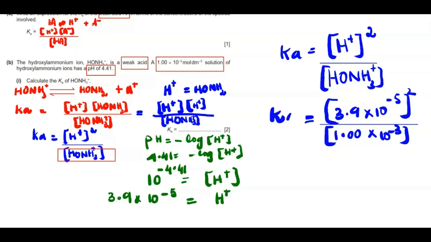Now by solving this, you get the Ka of the reaction, which is 1.5 into 10 raised to power minus 6.